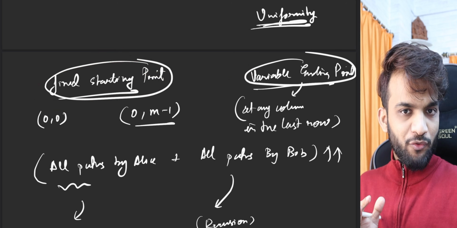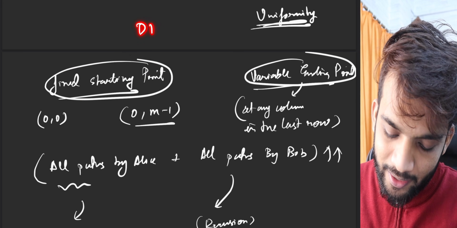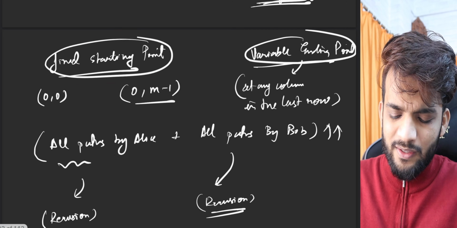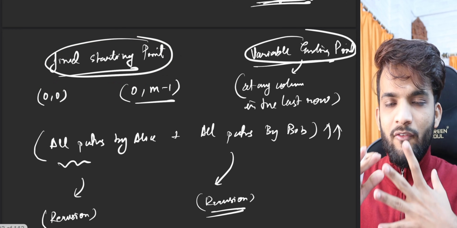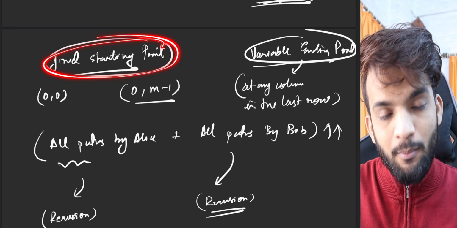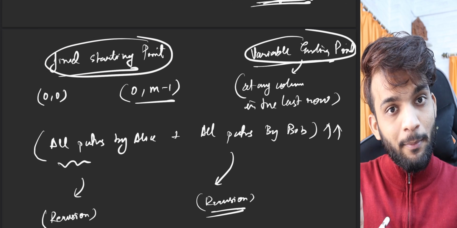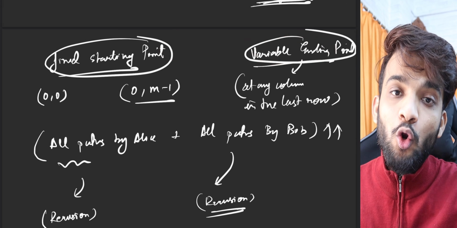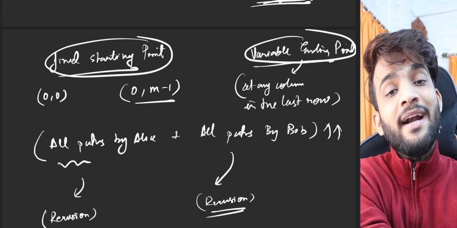Had both been variable, which we did in DP12, then we could have analyzed it as we did in DP12. But over here, since we have a fixed starting point, I will always recommend you to not think so much and directly start from the fixed starting point. The problem can be solved the other way, but I would recommend you not go that path.